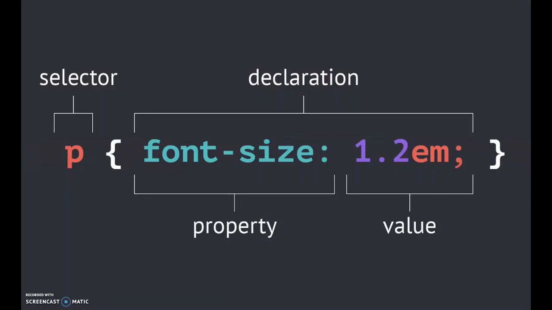And on the right side, I have a declaration. The declaration is going to tell me what CSS property. When I say CSS property, what I'm referring to is what aspect of that HTML element is going to be formatted. And so that's the property here.